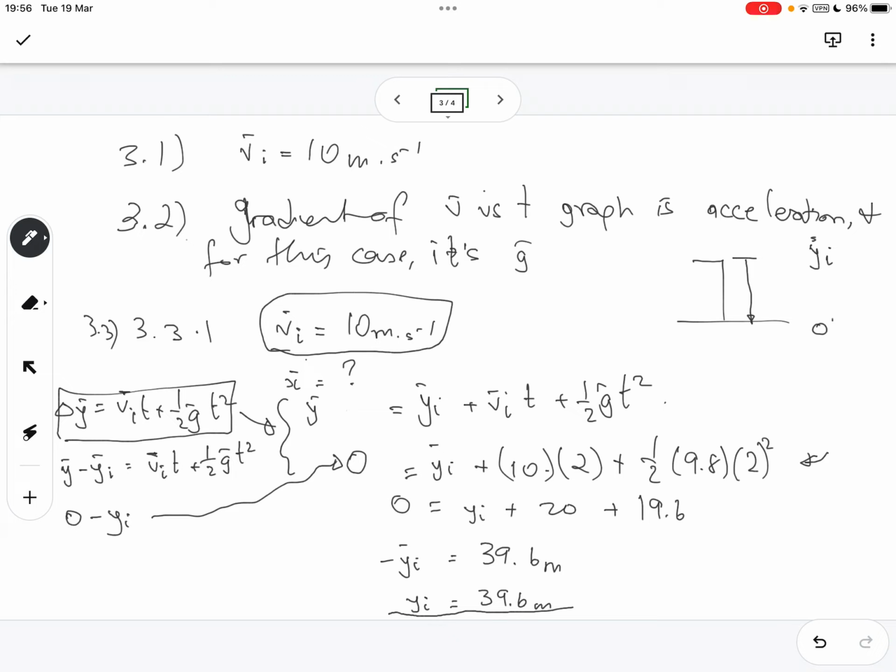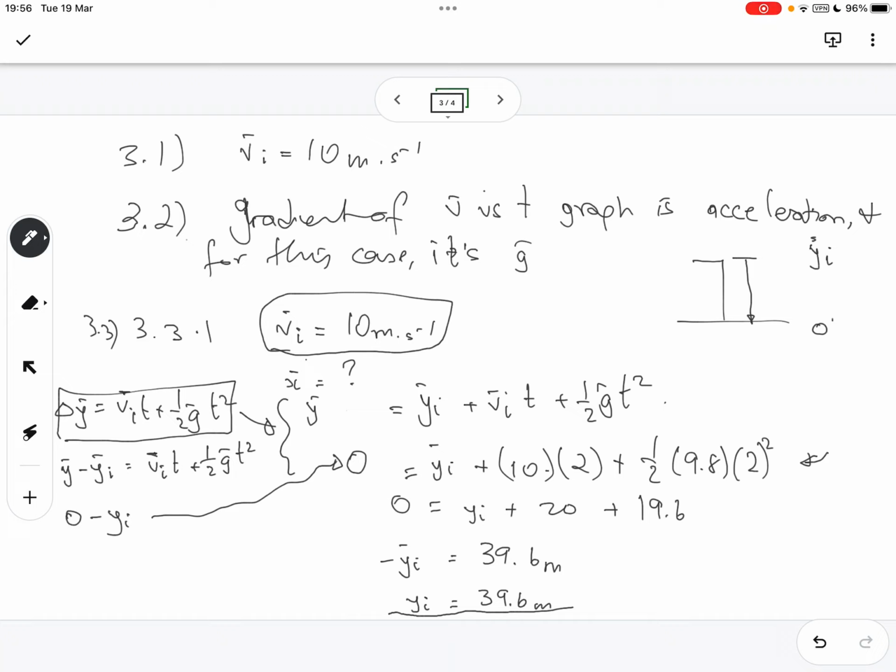So yeah, this equation, remember we're taking downwards as positive. Positive, yeah. So I'm saying if we took downwards as negative, we would stick to the convention, so downward would be negative.